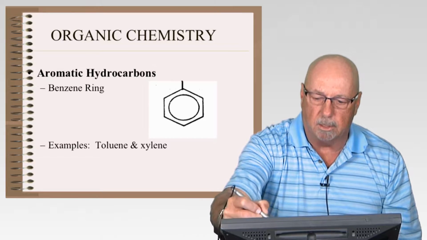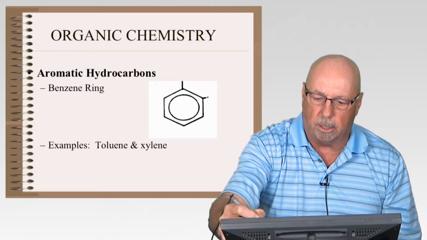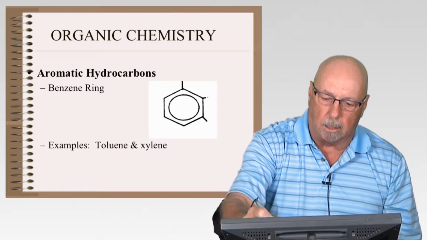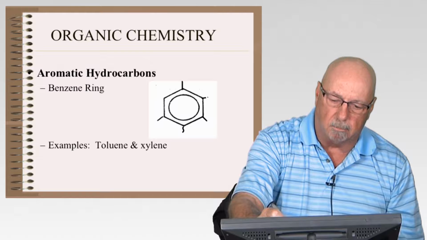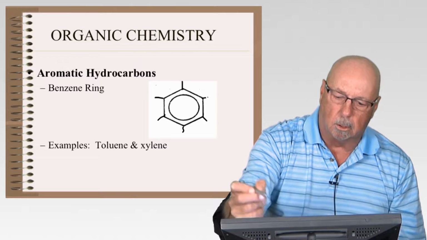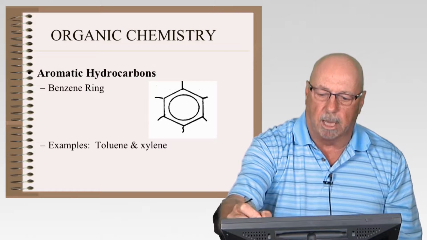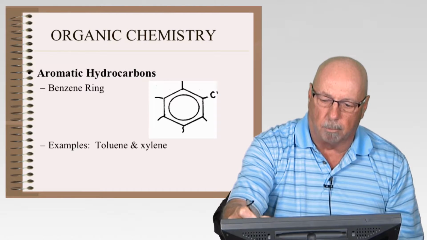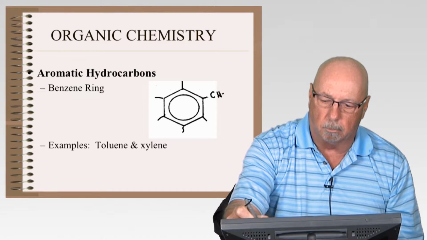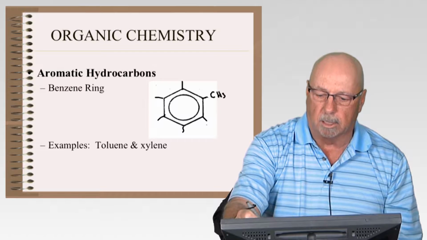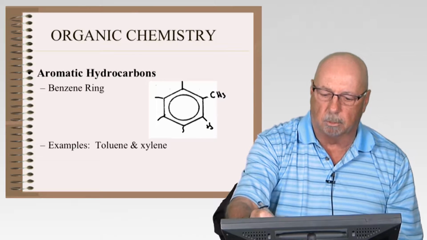And at each one of these benzene ring locations here, you can have a bond location. So you'll have 6 bond locations on that benzene ring where you can bond other types of chemicals. If we want to put a methane group on it, we could bond that, and then the rest of these could be something as simple as a hydrogen.